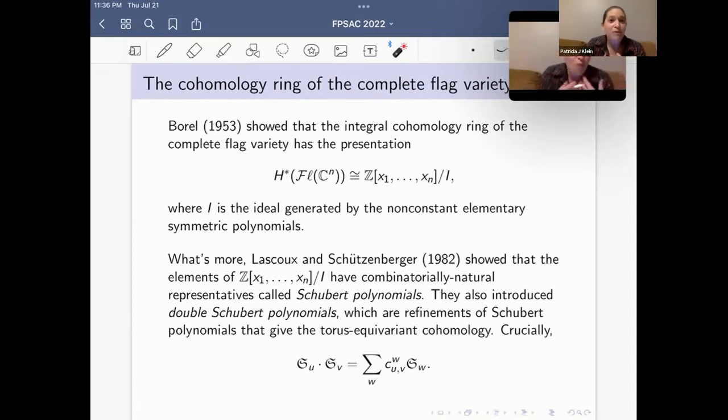And one thing that we really like about Schubert polynomials is that we don't have to do this cleanup. If we multiply two Schubert polynomials, then we get a sum of other Schubert polynomials on the nose. This is not up to an element of I.